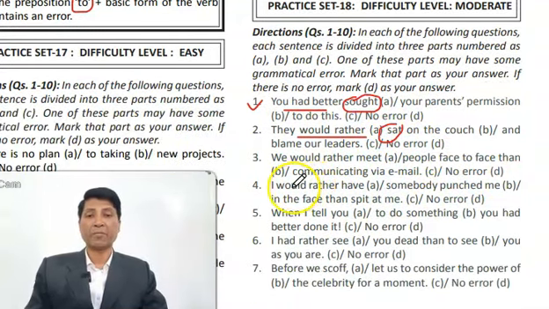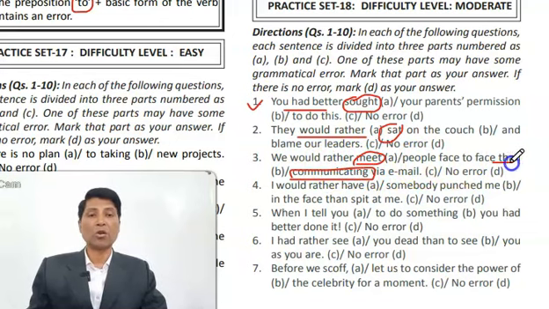Look at question number 3. We would rather meet people face to face than communicating via email. This communicating is the problem. Now you can note down the explanation, though it is given in the book. We see that would rather is followed by the basic form of the verb.